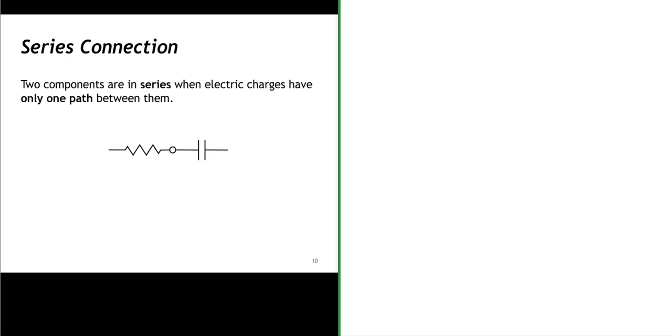So for example, when we had our ammeter resistor combination, this combination is a combination in which these two components are wired in series.